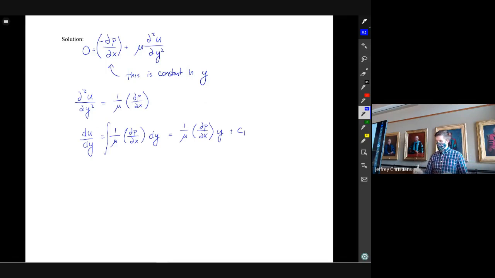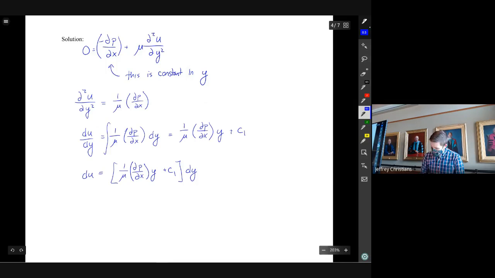We're going to then integrate a second time, so bring the dy over to the right-hand side. du equals 1 over mu dp/dx y plus c1, dy.